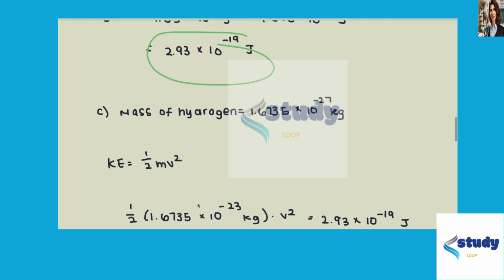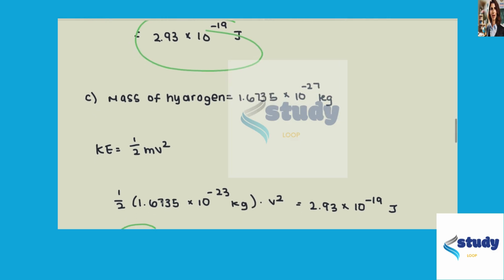Now on to part C, we have to use our knowledge of this energy and wavelength to calculate the kinetic energy. So first we need to know the mass of hydrogen, which is 1.6735 times 10 to the negative 27th kilograms. And the equation for kinetic energy is 1/2 times mv squared. M is our mass, and v is essentially our velocity or speed.